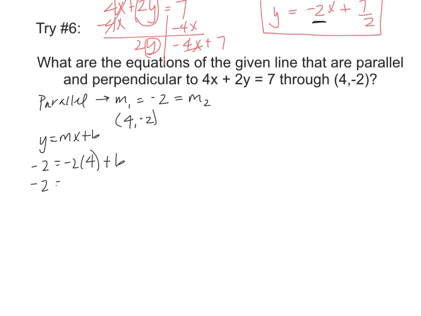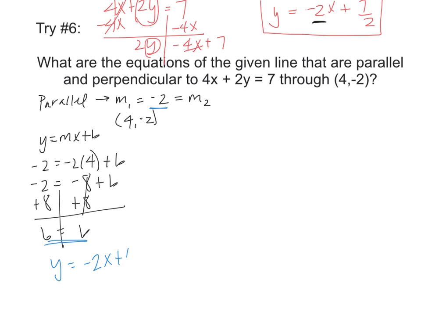So negative 2 equals negative 8 plus b. Again, to get b by itself, we're going to have to move 8 over by adding it. So b will equal 6. So our new equation with this slope and this y-intercept is y equals negative 2x plus 6. That's for parallel lines.